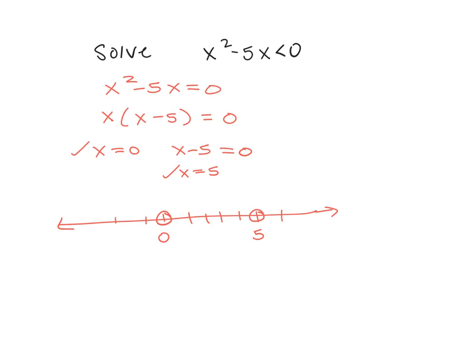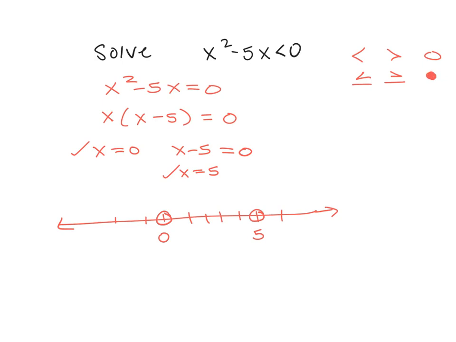It's just the edge of our solution set. And so I'm going to put open circles on 0 and 5. And the rule, really, it's not just a typical rule, it is the rule, is that when you have less than or greater than, you're going to use open circles. And when you have less than or equal to or greater than or equal to, you're going to use closed circles.